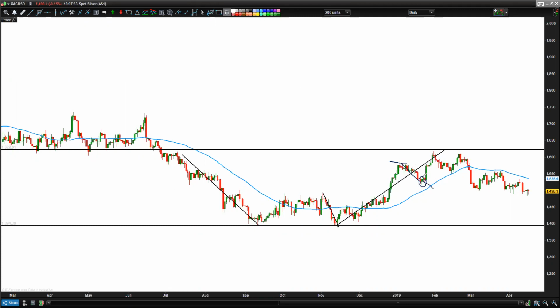So that's a potential buy signal. This is a nice big decent wave to the upside. That's what we call a pullback. That's a retracement. There's the second buy. So there's buy signal number one.